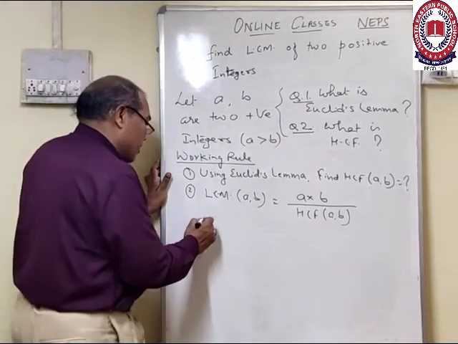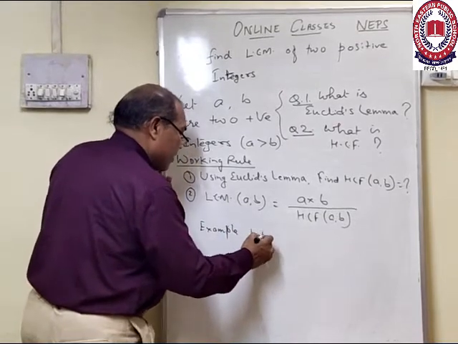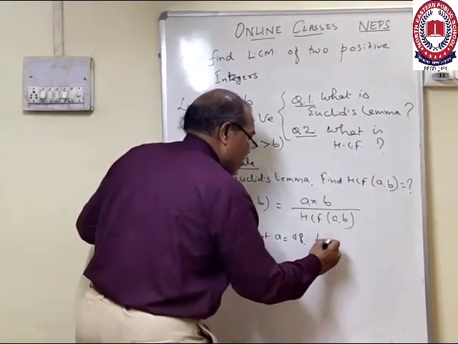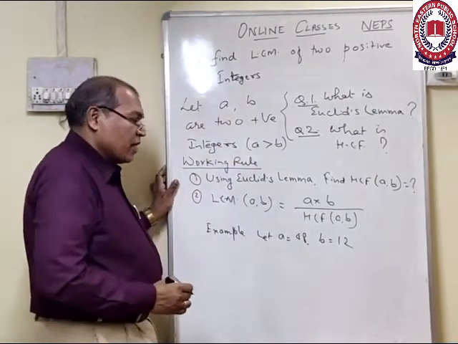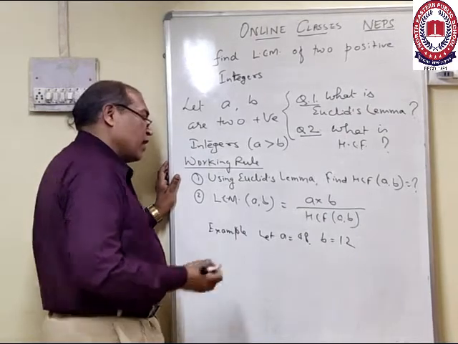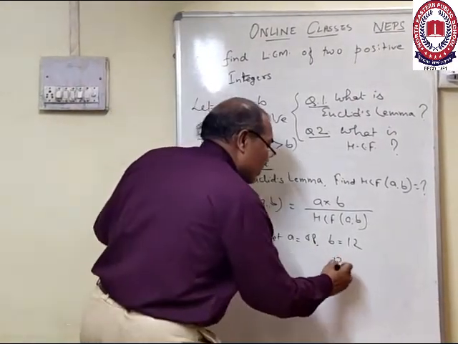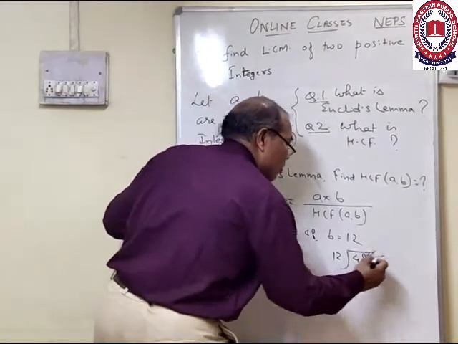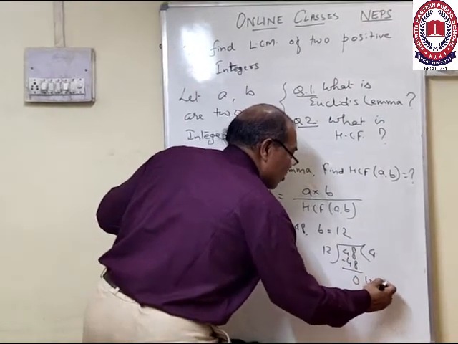Just like for example, let A equal 48 and B equal 12. When we are given these two positive integers, whenever we divide 48 by 12, it can be divided 4 times, and the remainder is coming 0.